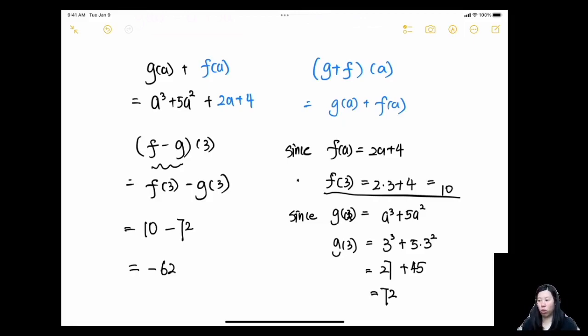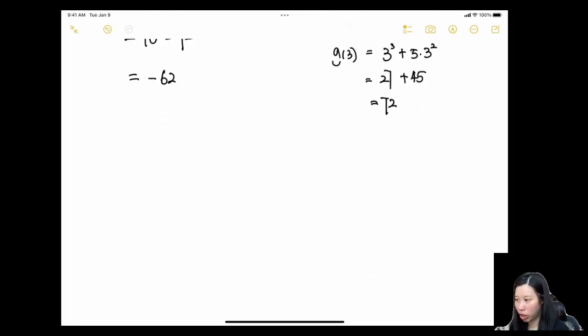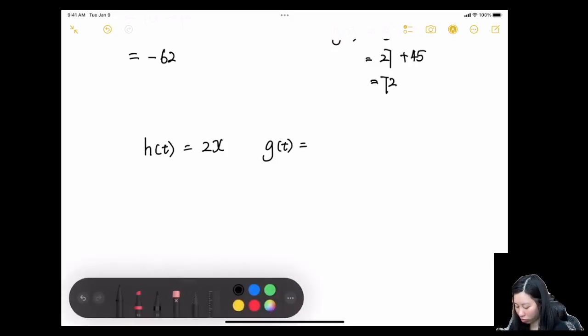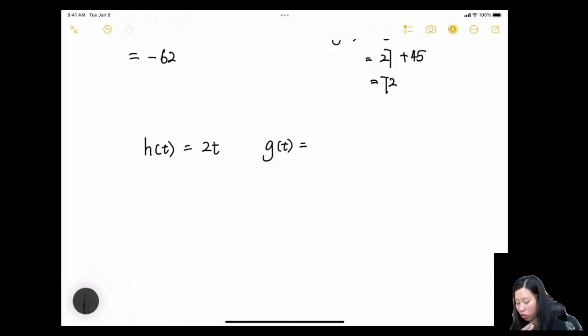So the other ones are subtraction and addition, and then multiplication. Let me use a relatively easy example, such as h of t equals 2t, and then g of t equals 3, t plus 4. Easier.